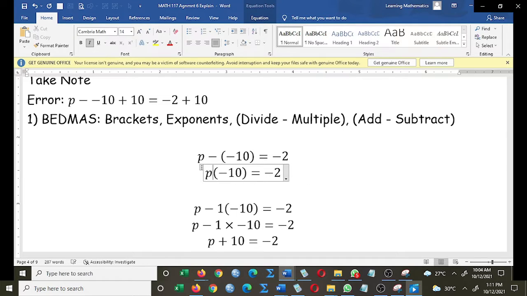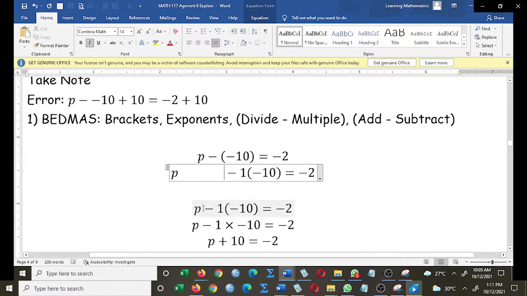That minus sign there is describing a number. It is describing an invisible 1 that is there. That's not negative bracket, that's negative 1. So if we have to separate, that's a p and a negative 1.